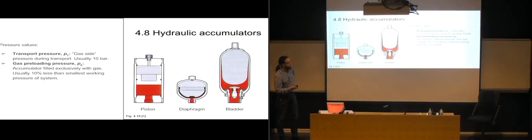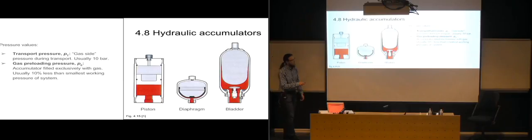So just to give an example, if you have 100 bar in your system, so your pump is delivering 100 bars of hydraulic fluid in here, then if you have 110 bar pressure inside your bladder, the bladder isn't going to be compressed. It's just going to stay there because it has enough pressure to stay fully extended.